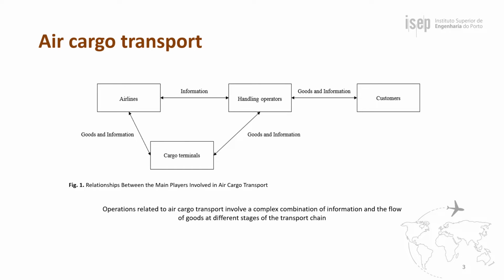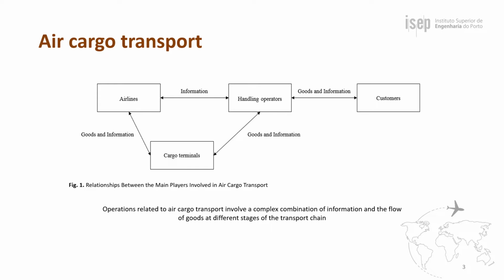Operations related to cargo transport involve a complex combination of information and flow of goods at different stages of the transport chain. These stages are customs inspection documentation, consolidation of unit load devices, transport, and other necessary operations related to material movements.